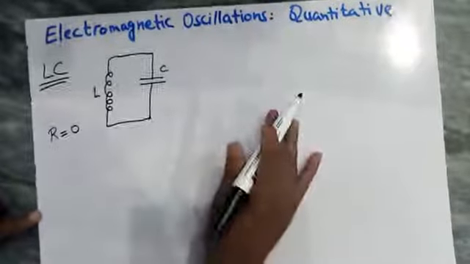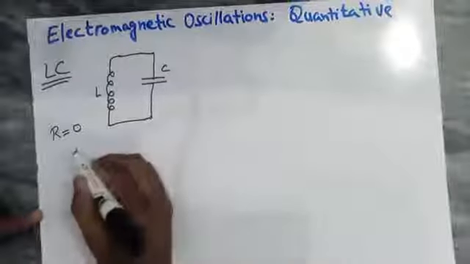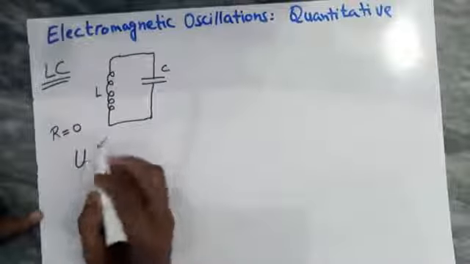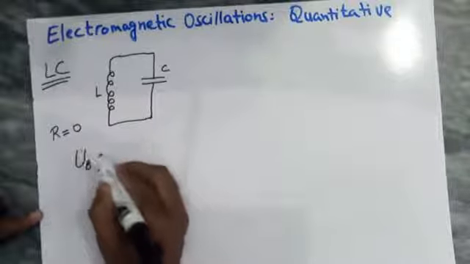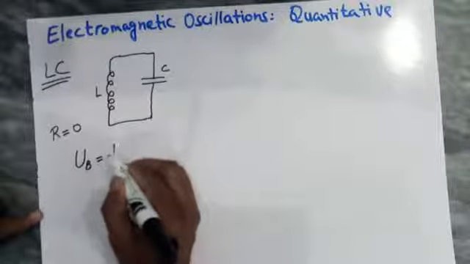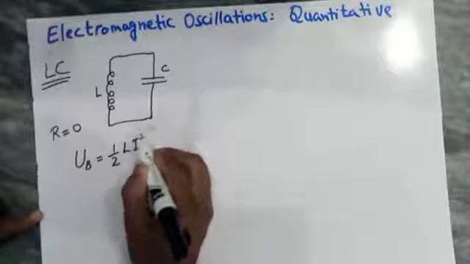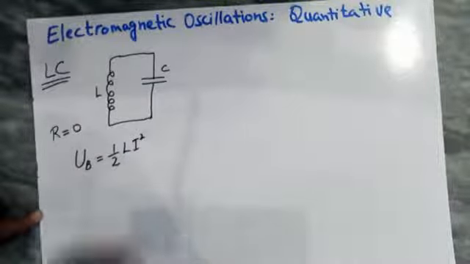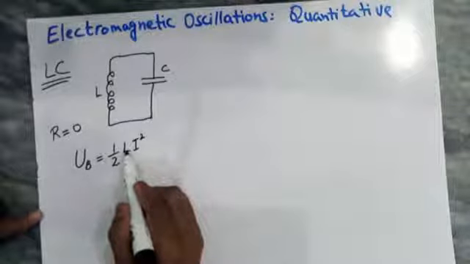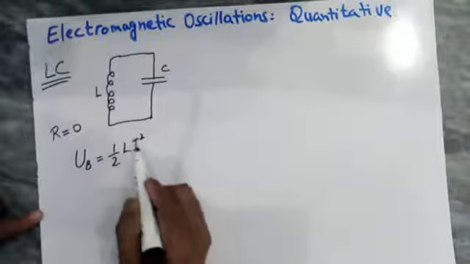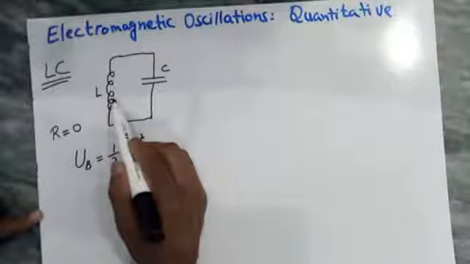In an inductor, the stored energy is calculated by this formula. Energy stored in inductor is equal to 1 over 2 L I square. Here L is inductance of this inductor and I is amount of current flowing through the inductor.